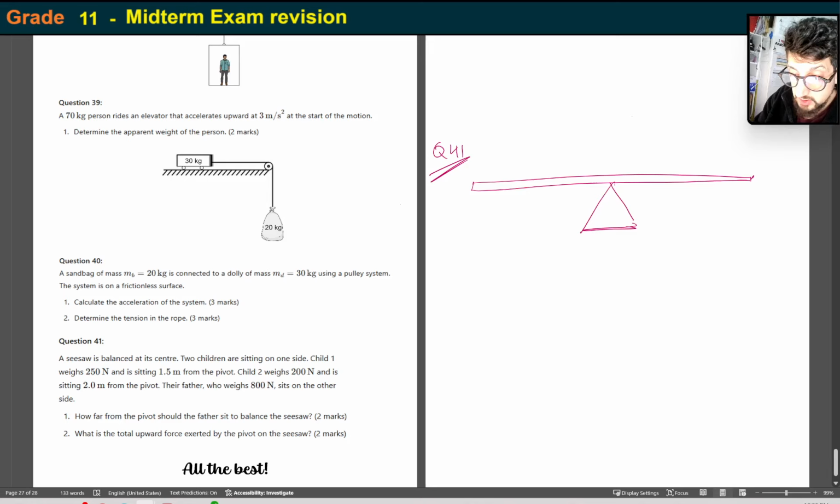The first child has a weight of 250 newtons, and they're 1.5 meters away from the pivot. I'm just going to draw something very simple. The next child is 200 newtons, and they are 2 meters away.